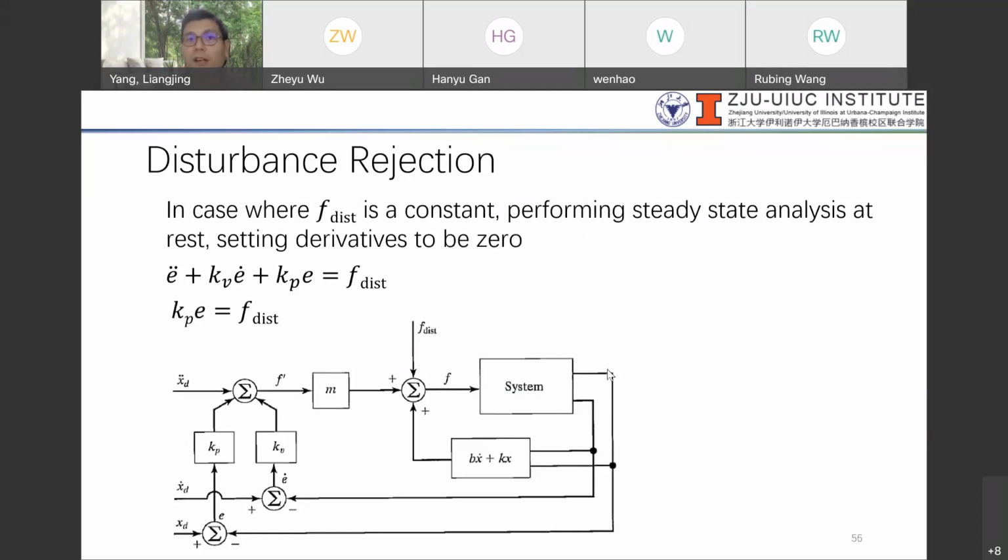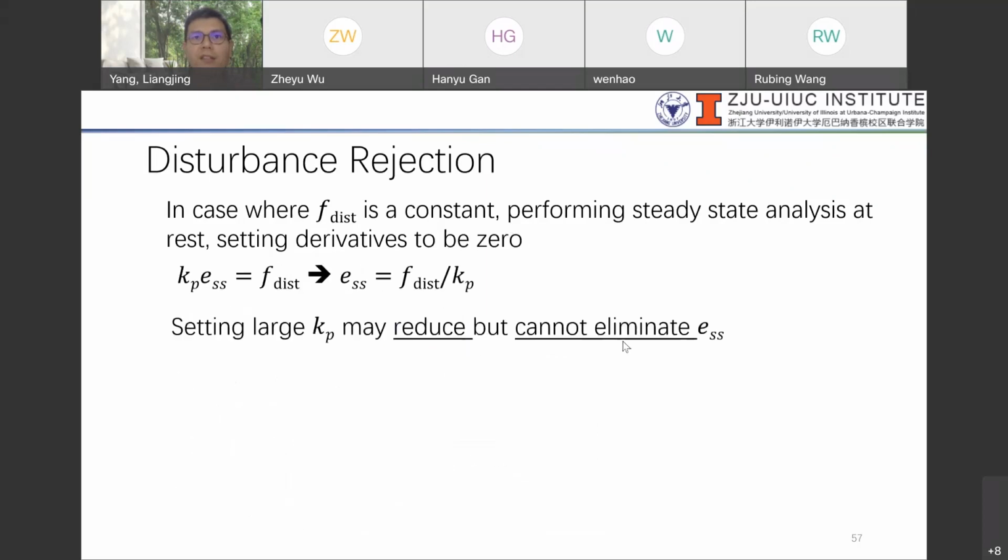For those who have done PID control before, you see that if we have a disturbance, and this time around we introduce a disturbance like this, even if we put a very large Kp, our steady state error with this disturbance is just going to be the disturbance divided by this Kp.